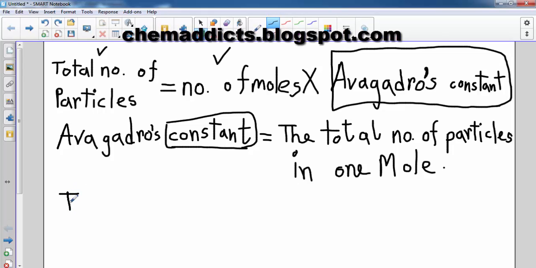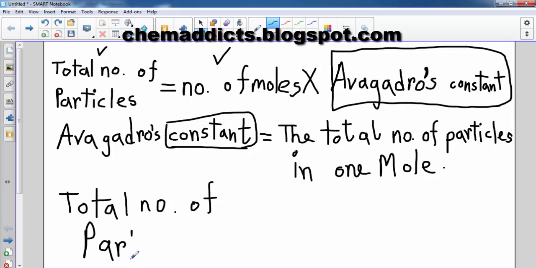Their relationship is like this. Total number of particles is directly proportional to number of moles.